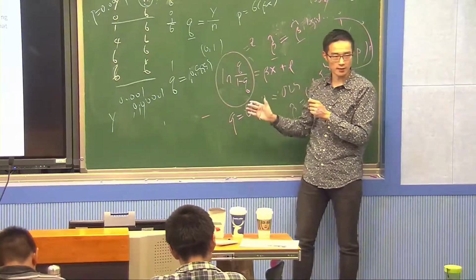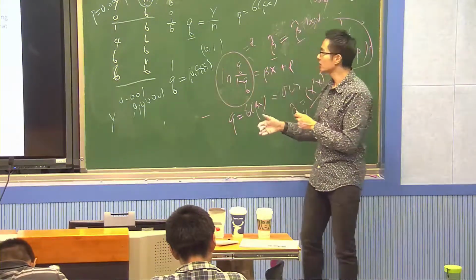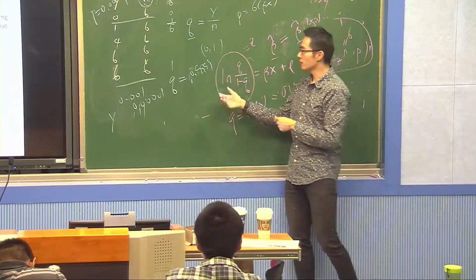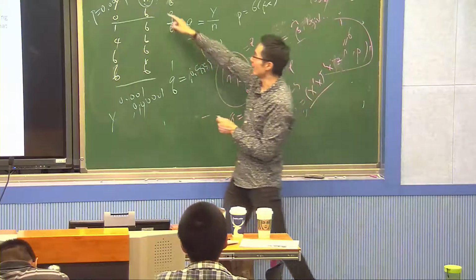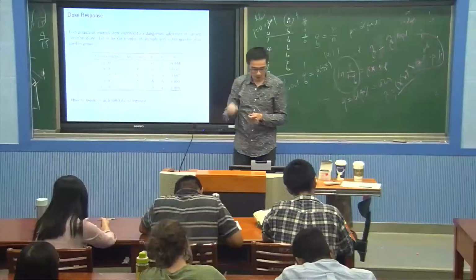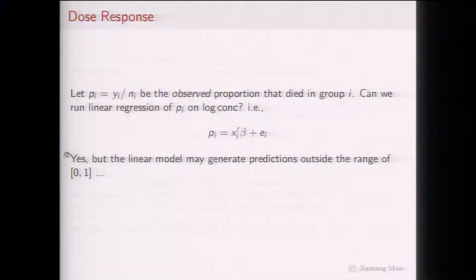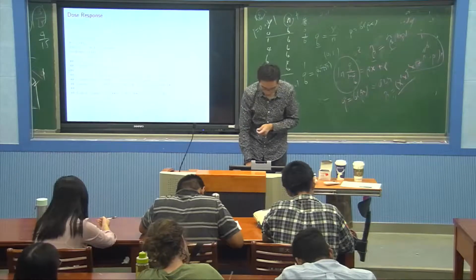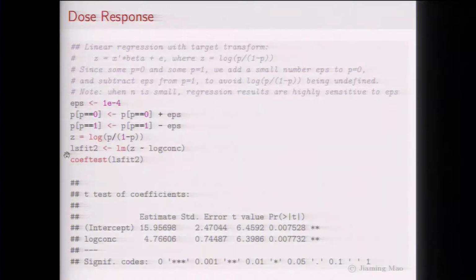So it's not a good idea. That's why in small samples, if you can use logistic regression, always use logistic regression. Only when n is large can you try the linear regression estimate. You can take a look at my examples here and go through them. That's exactly the point I just made.